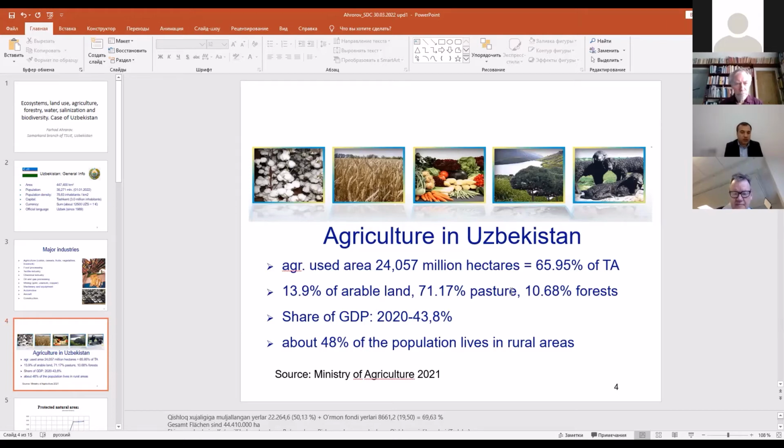The share of agriculture in GDP is around 44% of total GDP. So about half of the population lives in rural areas. As you can see, both in terms of population, location, and GDP, agriculture is still a major contributor to the economy and daily living.